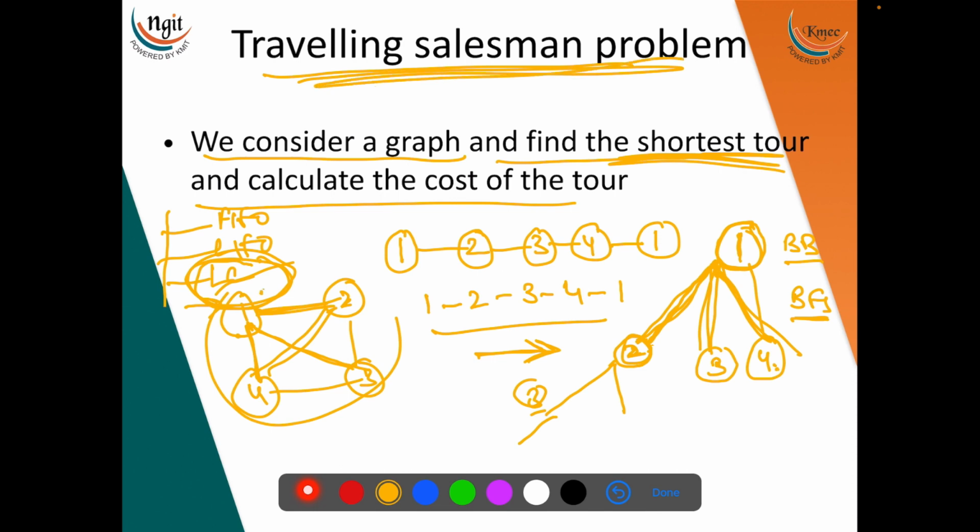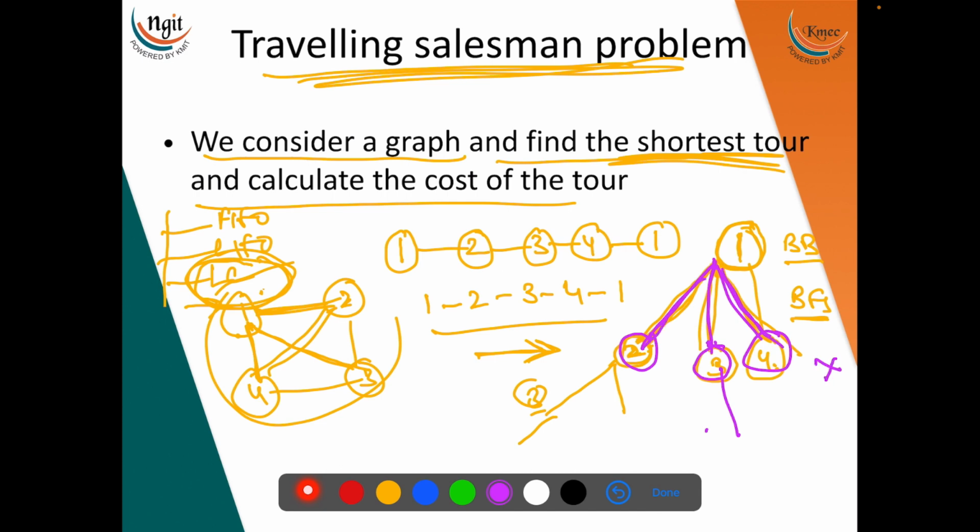After I travel from 1 to 2, 1 to 3 and 1 to 4, I have to see the cost of each. Whichever cost is minimum, that node gets explored. Let us suppose I have found a minimum path from 1 to 3. Then I'll not explore the 1 to 2 node and the 1 to 4 node.